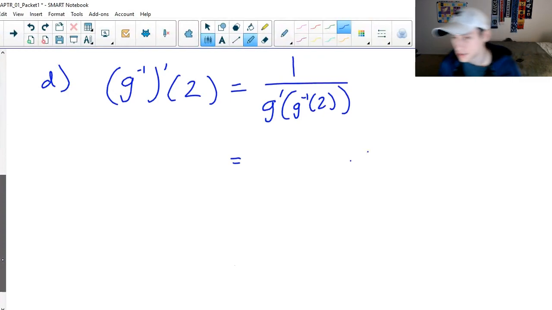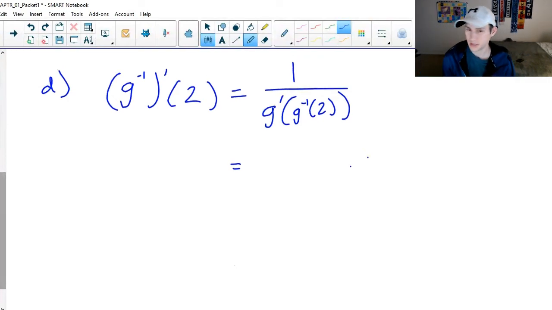So that's a property that we use. This is basically just like a formula for finding derivatives of inverses.